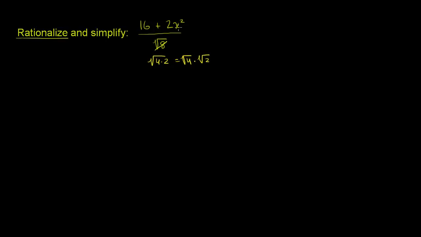So we can rewrite this entire expression as the numerator is still the same, 16 plus 2x squared, all of that over the square root of 4 times the square root of 2. And the principal square root of 4 we know is just 2. So square root of 8 we can rewrite as 2 times the principal square root of 2. And I've simplified a little bit. I've done no rationalizing just yet.